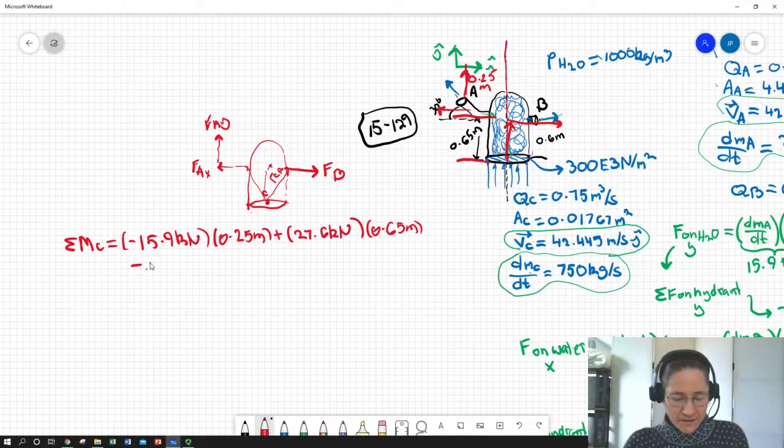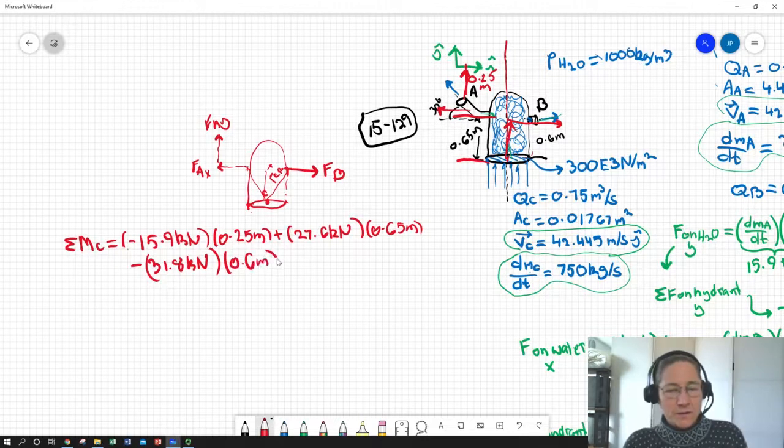So we have negative 31.8 kilonewtons, which is the force that is being exerted on the hydrant by the water, in order to change its direction and get it moving out the nozzle at B. Take a parentheses off there because this is just an operation, not a sign. Minus 31.8 kilonewtons times our 0.6 meters. And that ends up being 5.12 kilonewton meters being exerted down at the base.